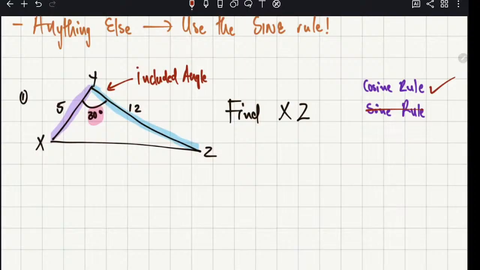Now, how do we do the cosine rule? What does it say? When you're looking for a missing side, this one, xz, you say xz, the side you are looking for, all squared, is equal to, you write first like Pythagoras, okay?